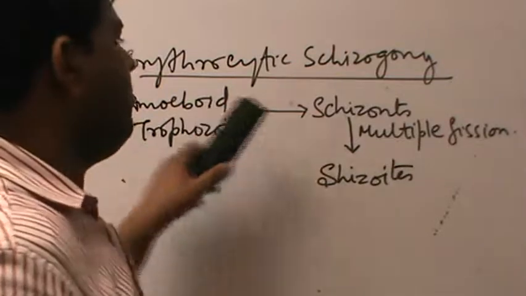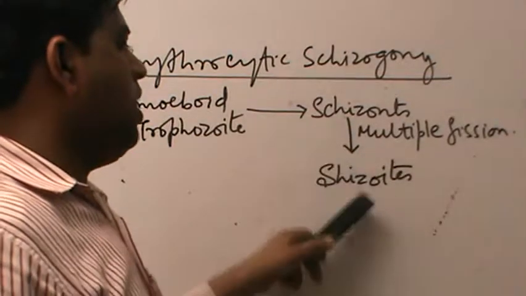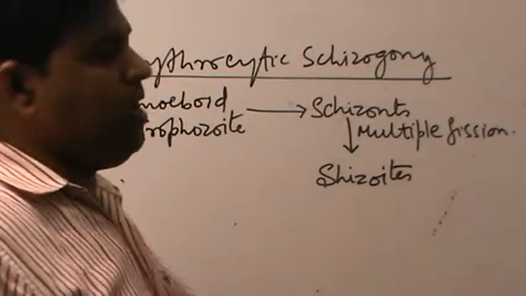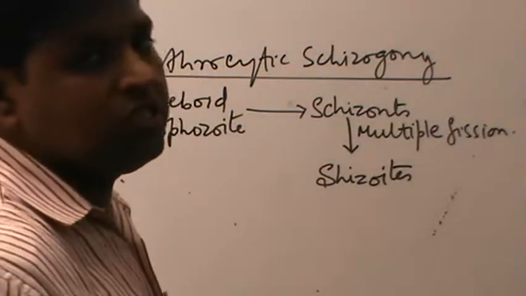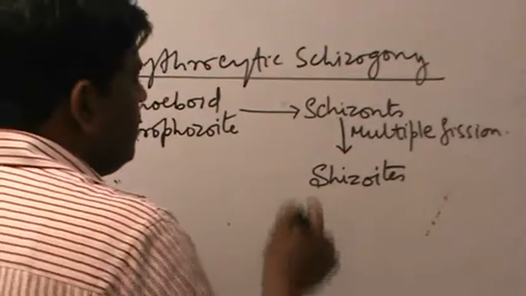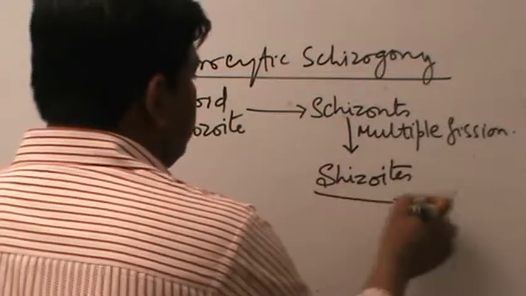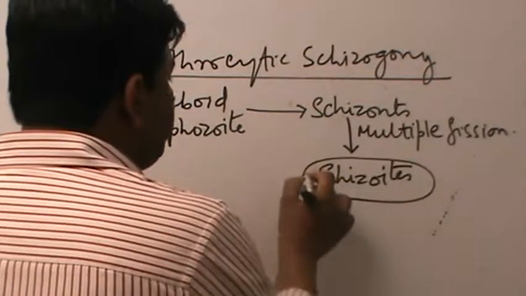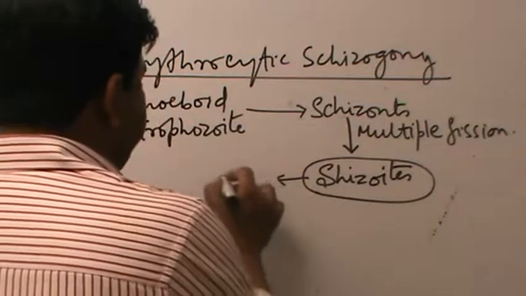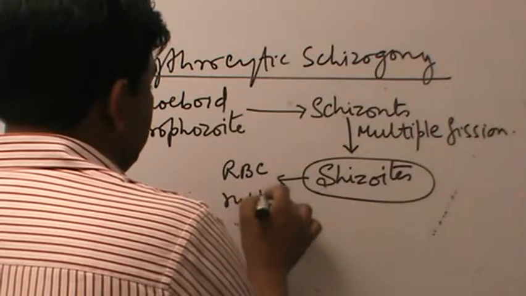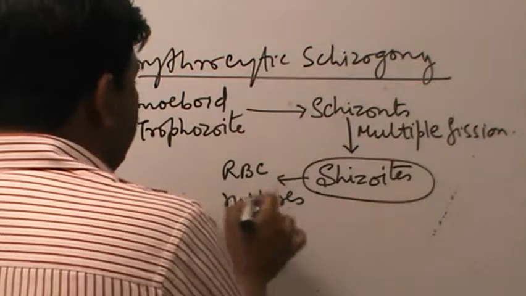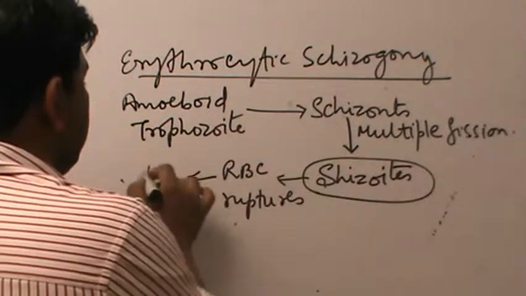Amoeboid trophozoite will be converted into schizonts, and these multiply many times with the help of fission. And these schizonts will rupture the RBC. RBC ruptures and they are released into the blood.